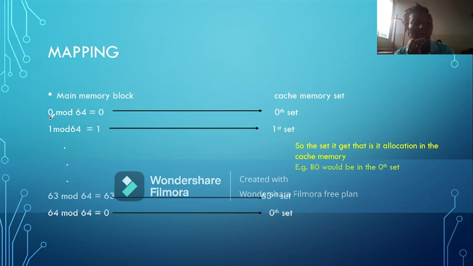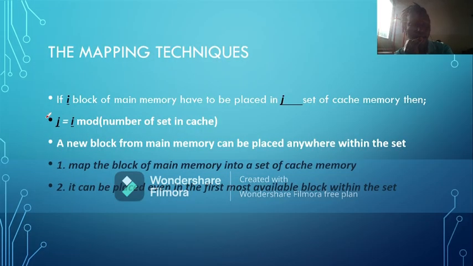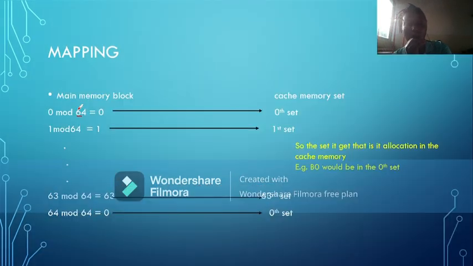The number of sets inside the cache was 64. The value to be placed is block I, and I want to know where block I is going to be placed. Our I over here is 0. So 0 mod 64 gives us J, the set it's supposed to be in.